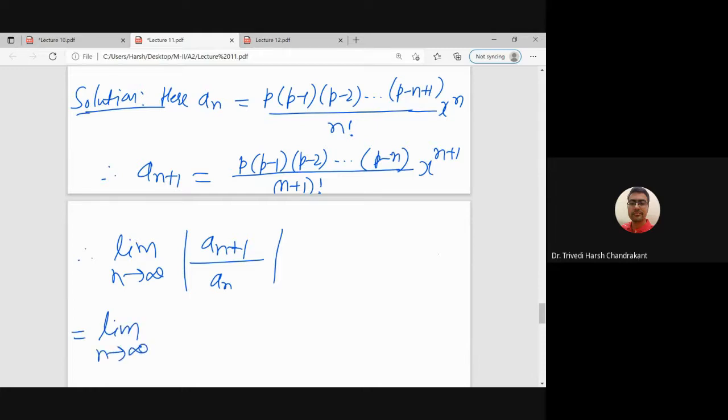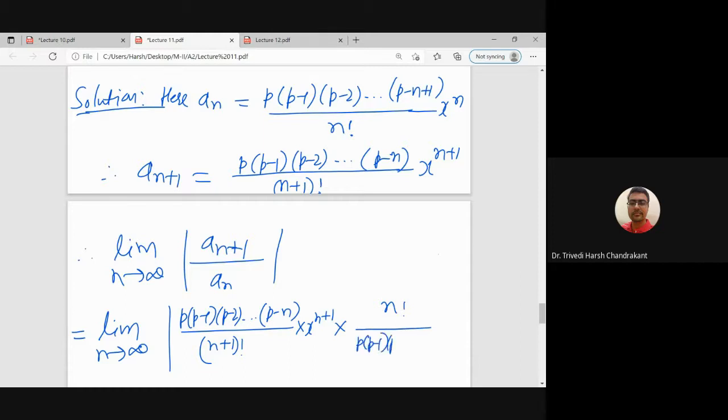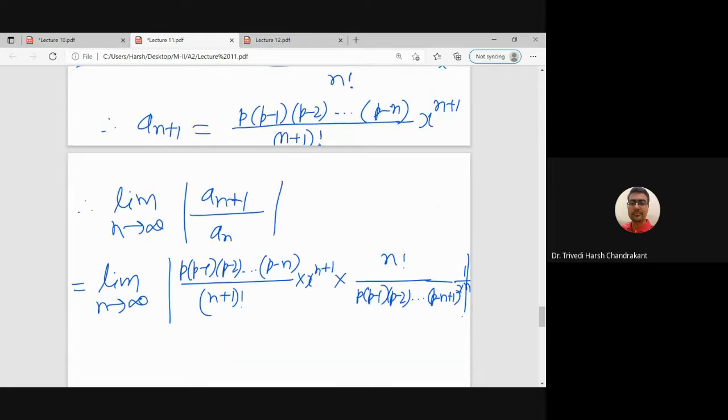Here we know a(n+1): it is p minus 1, p minus 2 up to p minus n, divided by n plus 1 factorial, times x power n plus 1, times the inverse of a(n). That is n factorial divided by p minus 1, p minus 2 up to p minus n plus 1, and 1 upon x power n, modulus of that. Right. Let me write down here x power n.